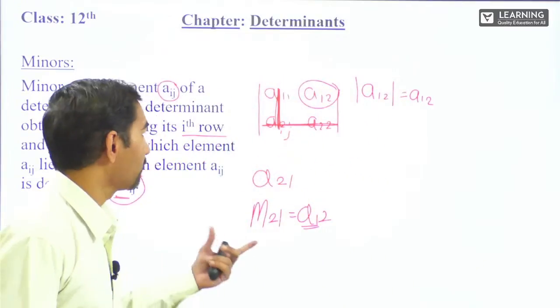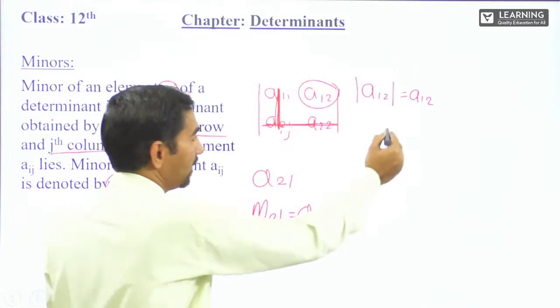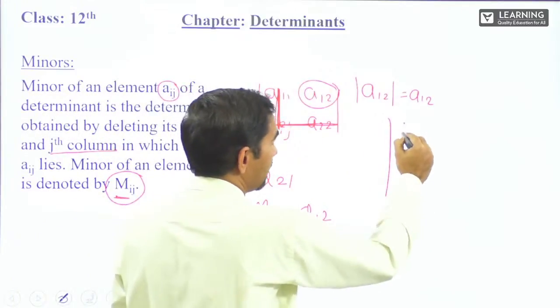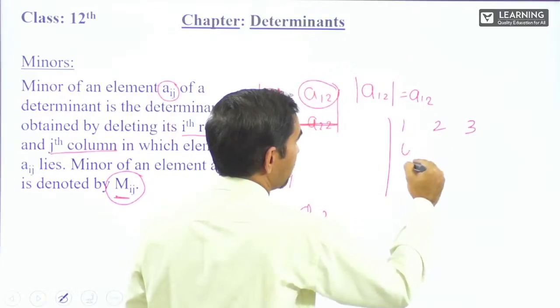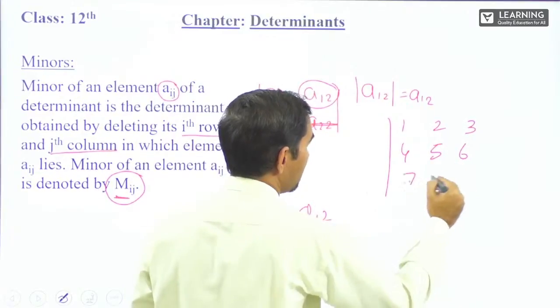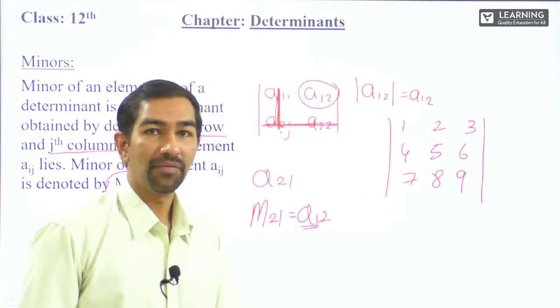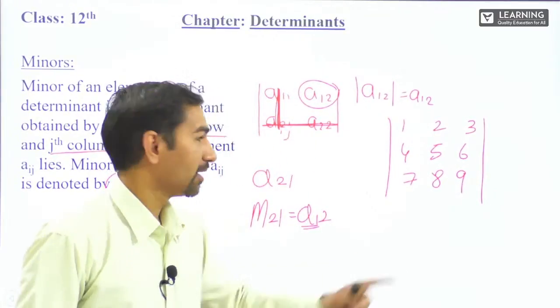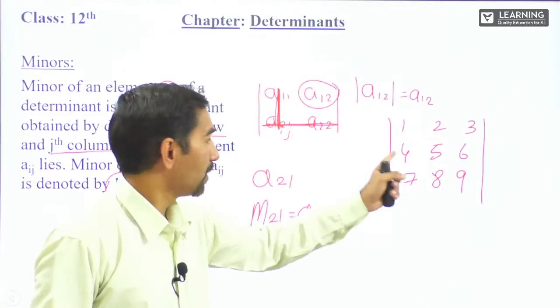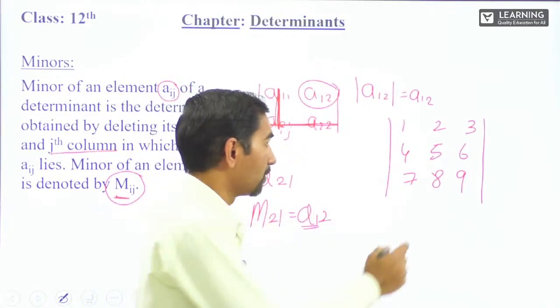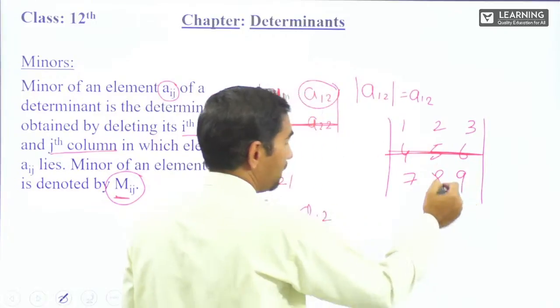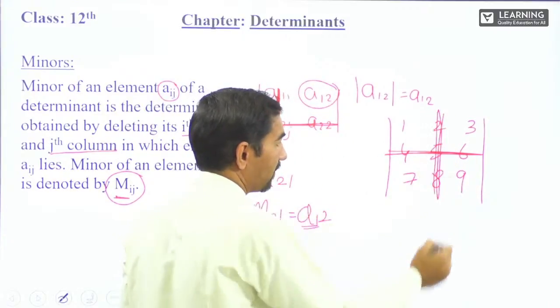Now let us see the minor for order 3. Same thing we'll take, but with numbers this time. Let us take 1, 2, 3, 4, 5, 6, 7, 8 and 9. Now let us assume that I have to find out the minor of the fifth element, or element number 5. So eliminate that 5's row and eliminate the 5's column.